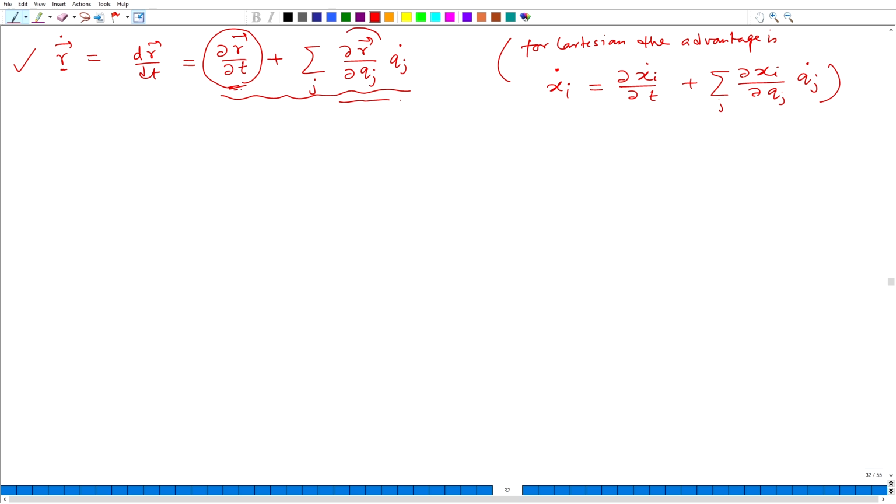So, no chance of q dots. The same holds for del/del qj, since r is a function of only q's and t's; it simply gives a function of q and t. Then you have qj dots. This is the term which imports q dots into the expression for r dot, and that is why r dot is a function of the qi dots and t, where all the i's run from 1 to small n.